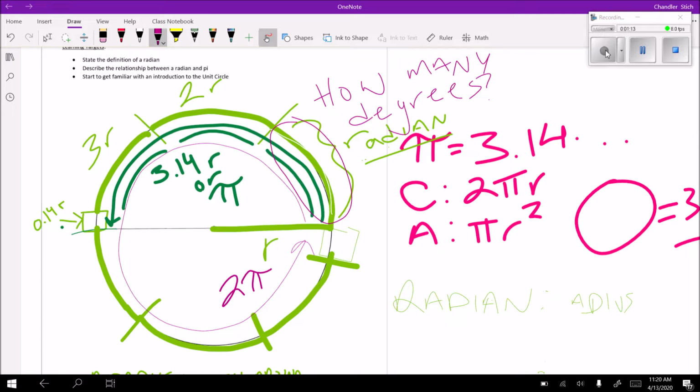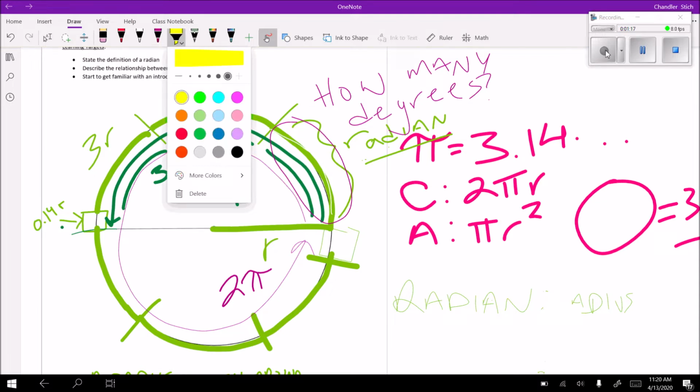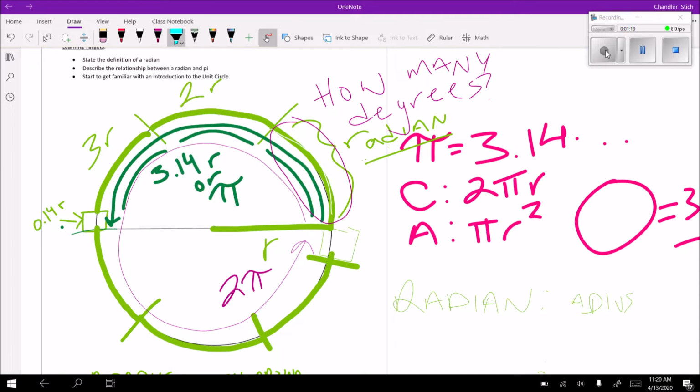Now, we actually have an easier conversion, and that has to do with everything here. Everything that I just highlighted in blue, from here all the way around to here, helps us even more. Remember what we said? We said that pi is halfway around the circle.